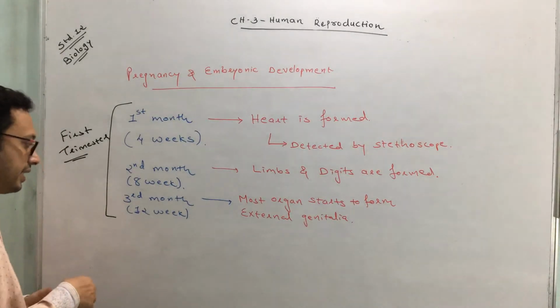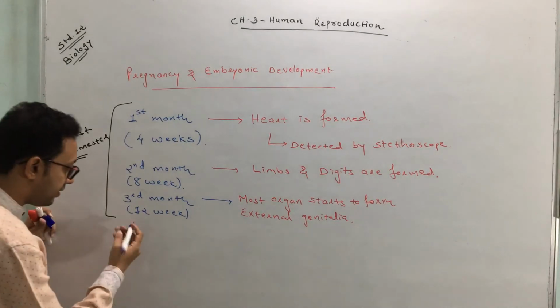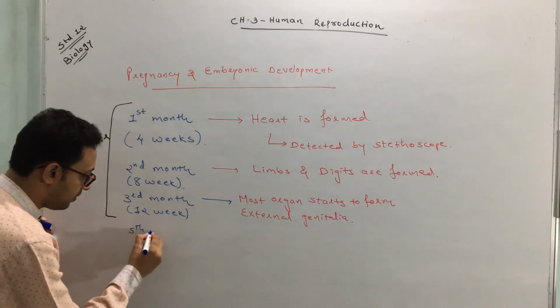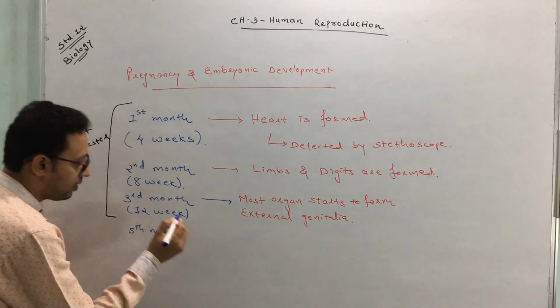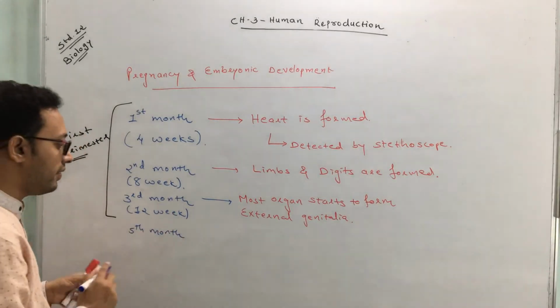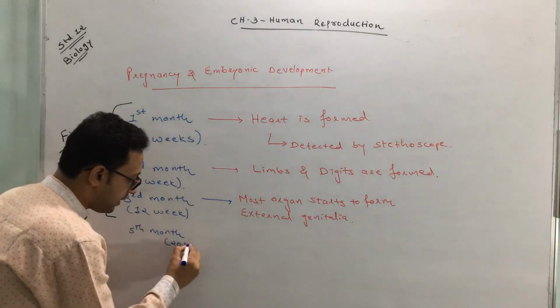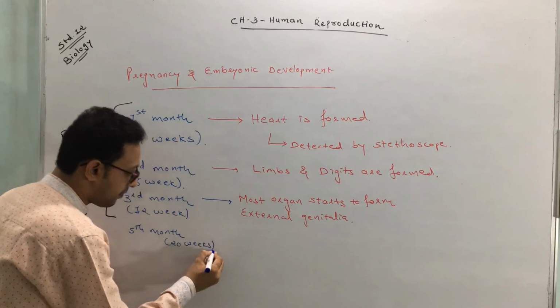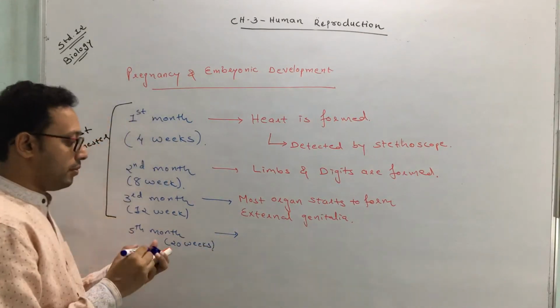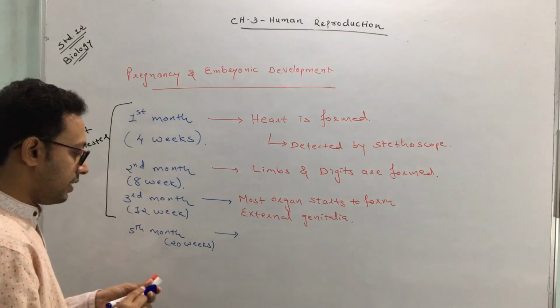Okay. Now at the end of the 5th month, you know that 5th month includes 20 weeks. What changes are going to be observed at the end of the 5th month?